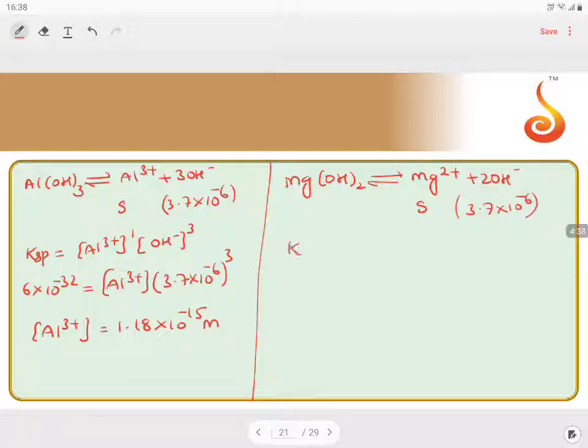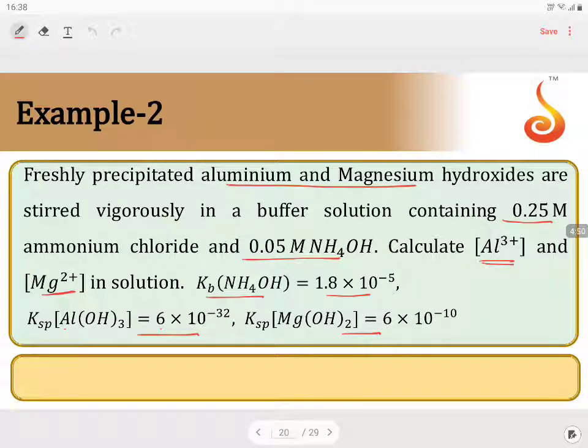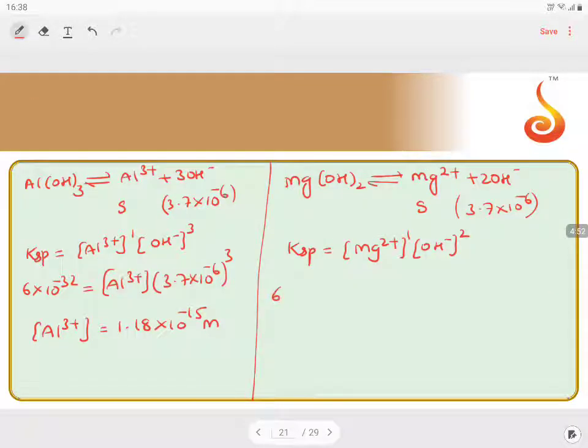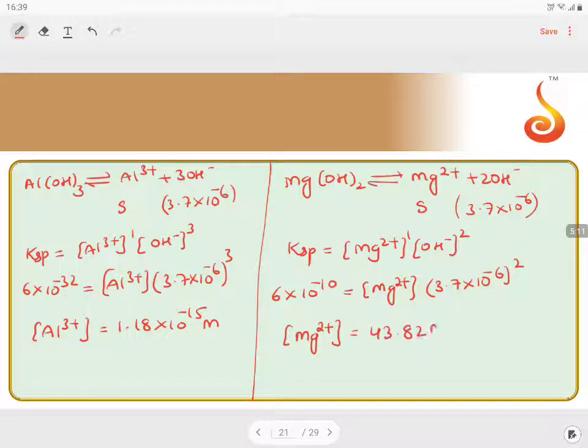Now Ksp is equal to magnesium ion concentration to the power 1 into OH minus ion power 2. Ksp for this one is given as 6 × 10^-10. So 6 × 10^-10 is equal to magnesium ion concentration into (3.7 × 10^-6) whole square. From this, we get magnesium ion concentration approximately 43.82 molar.